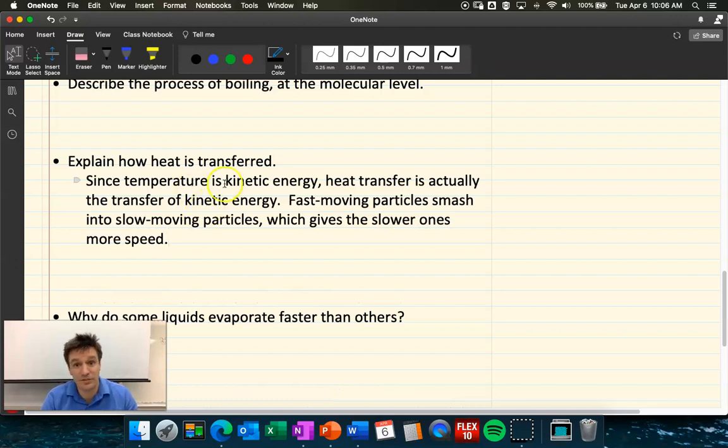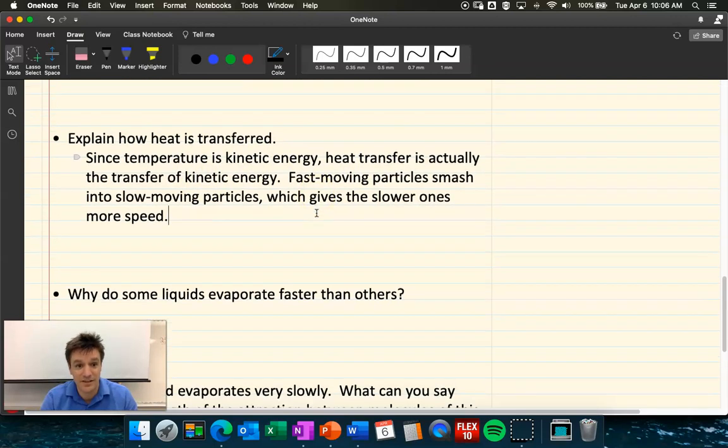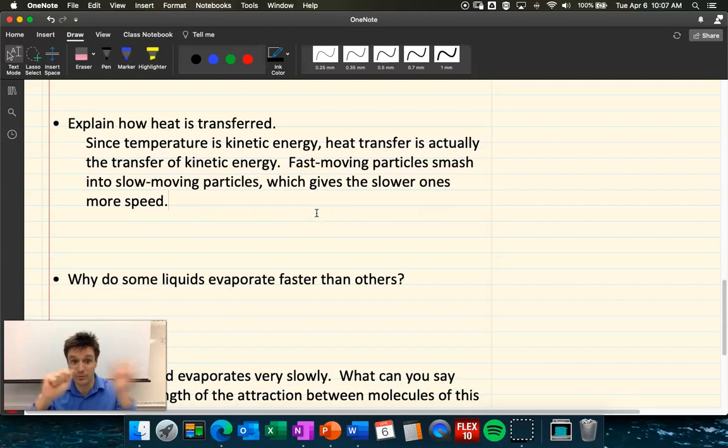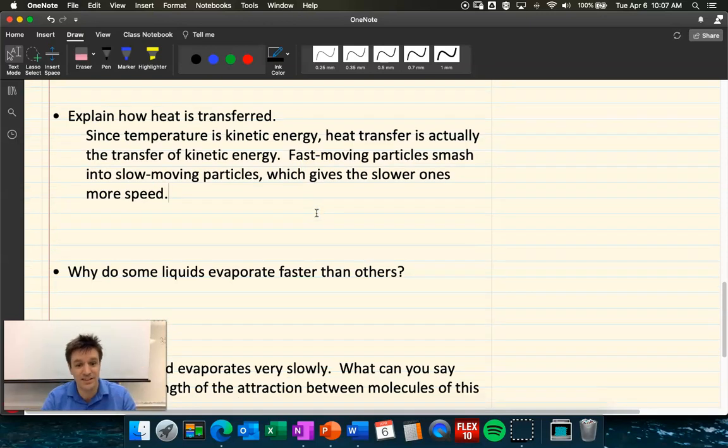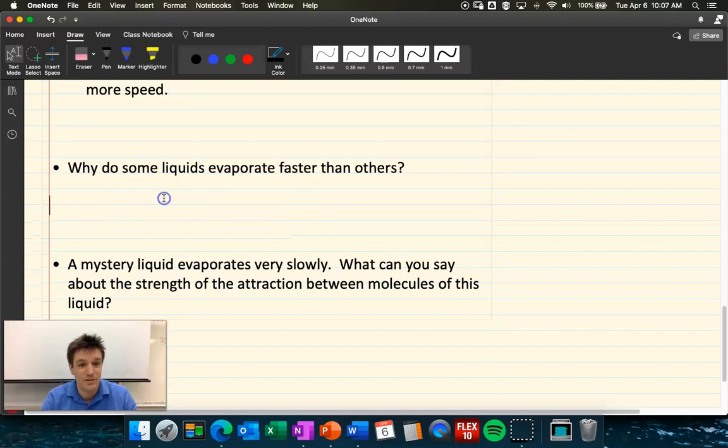And if that happens enough times, then those slow-moving particles, eventually they're moving faster, and that's hotter, right? That's it, okay?